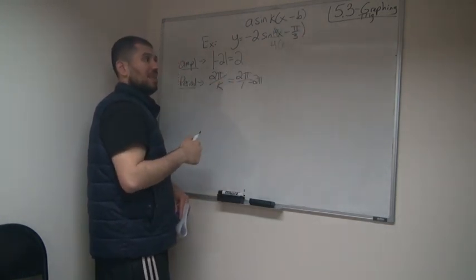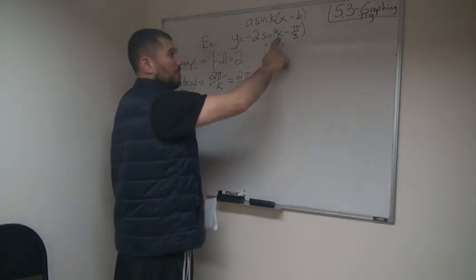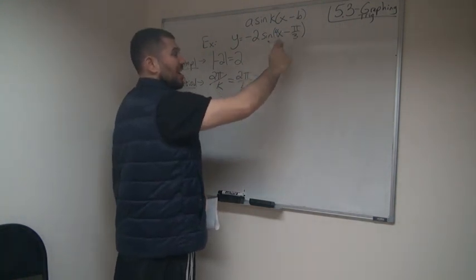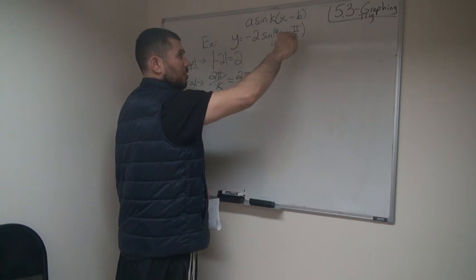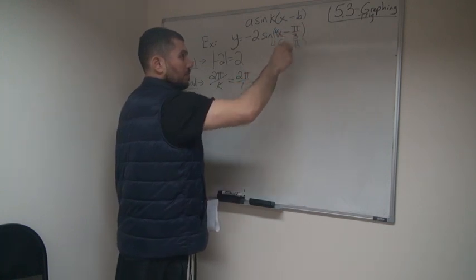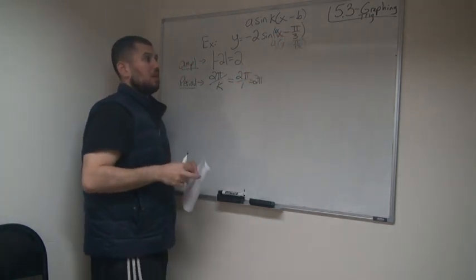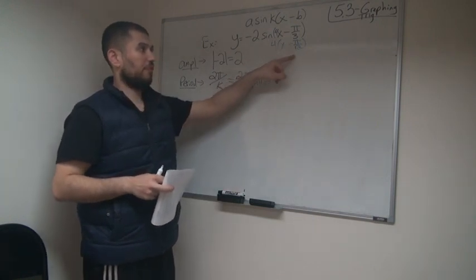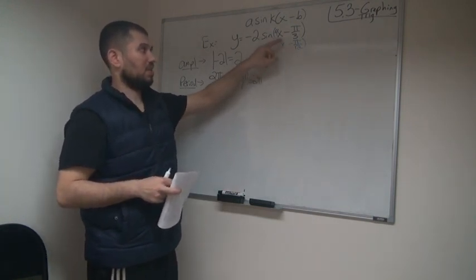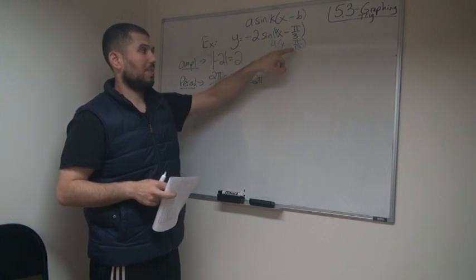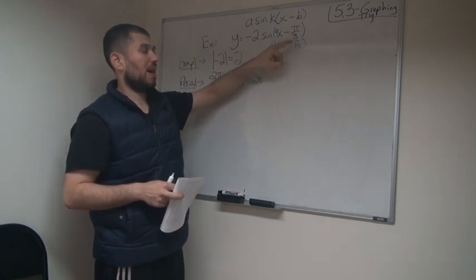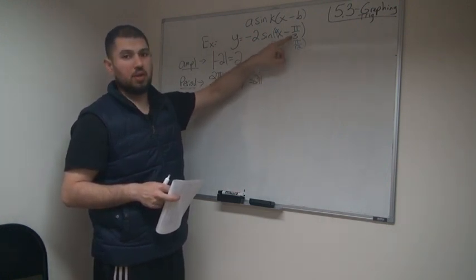That would mean I would have to divide this term by 4 to get a 1x, and divide this term by 4 to get minus pi over 12. Why? Because if I were to redistribute, 4 times x is 4x, and 4 times minus pi over 12 would be 4 pi over 12, or pi over 3.